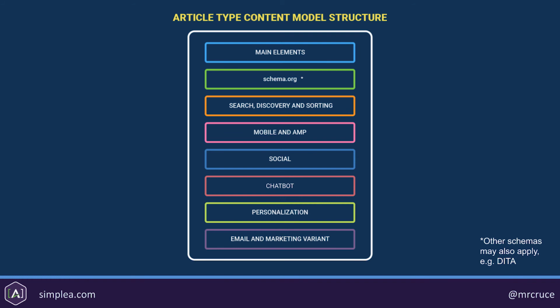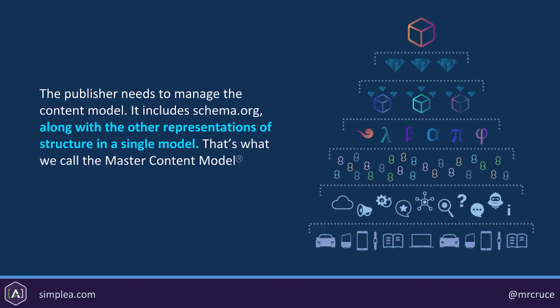Within our content model, our article type contains these different layers to the cake and extensions that are part of the overall extended attributes on the elements we have. So that whole structure together starts to become a single representation of a lot of omni-channel customer impacts, and that is what we call the master content model.